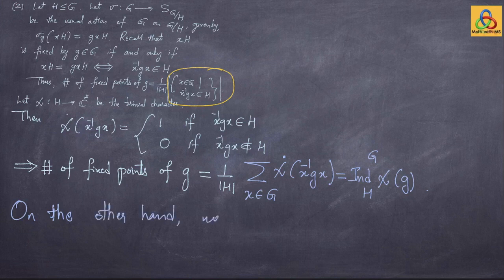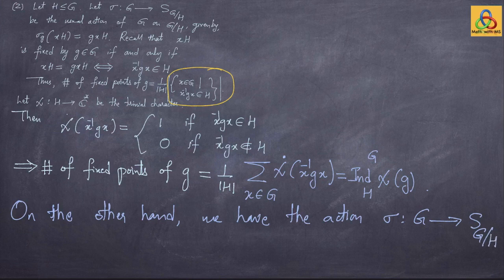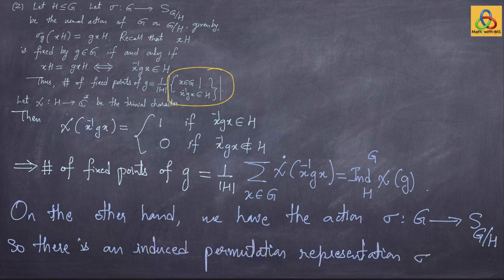On the other hand, we have the action sigma from G to the symmetric group on this set of cosets G mod H, and look at the corresponding permutation representation. So there is an induced permutation representation which we denote by sigma tilde of the group G. Every action of a group on a set gives rise to a permutation representation corresponding to that action, and you may recall we denote such a representation by sigma tilde.